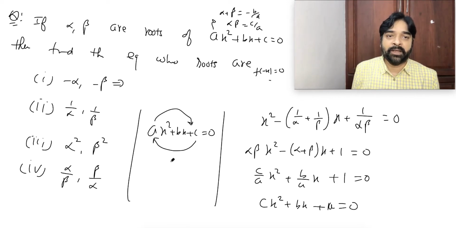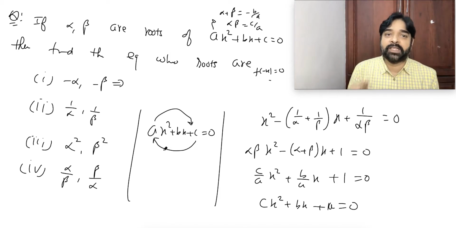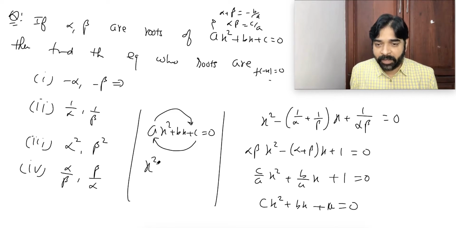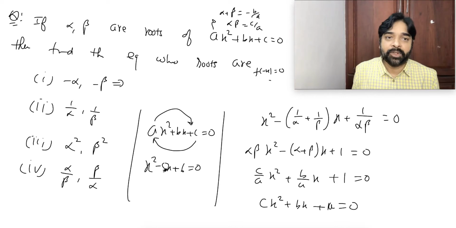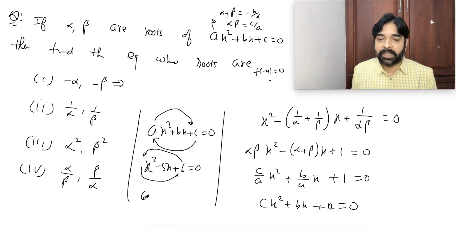Again I am repeating, if these interchange, roots will become reciprocal. Suppose somebody asks you what the roots of this equation are, you will say 2 and 3. What is the equation whose roots are 1 by 2 and 1 by 3? Interchange. I will say 6x square minus 5x plus 1 equal to 0.